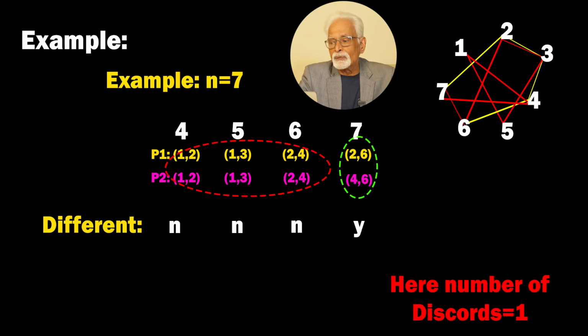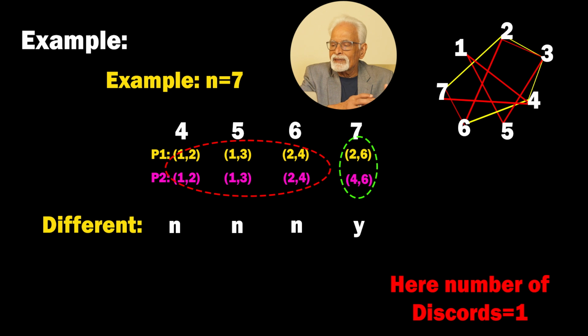For instance, in this example, you are given P1, which is 1, 2, 1, 3, 2, 4, and 2, 6. I'm only giving the edges where 4, 5, 6, 7 are inserted. For P1, that is 1, 2, 1, 3, 2, 4, and 2, 6. For P2, it is 1, 2, 1, 3, 2, 4, and 4, 6.